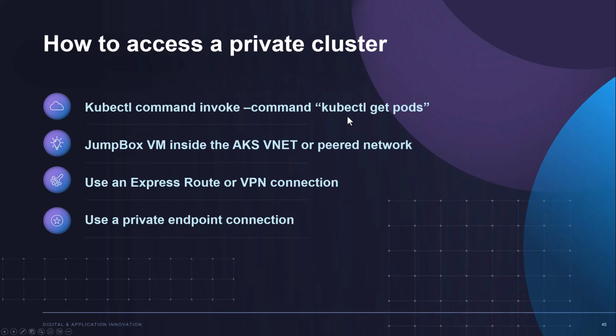This will go through the control plane of AKS in Azure, so Azure will figure out how to run this command inside your cluster. Of course, this is not what you want to do in production. It is just for debugging and troubleshooting.